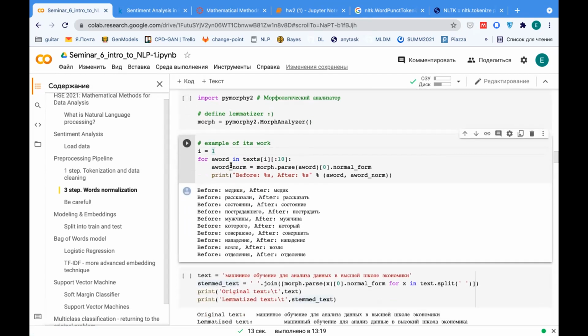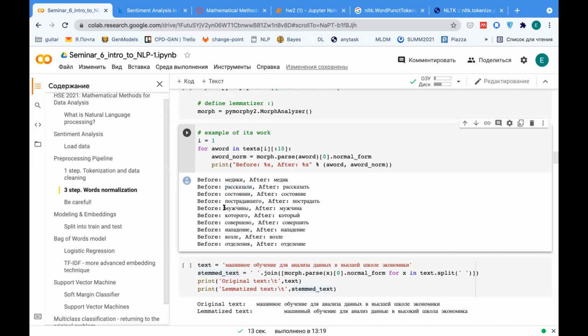And if we look at the words after lemmatization, we can see that they are actually much closer to the words that exist in the language. So we can see, for example, that some verbs after lemmatization are also verbs, but they're in normal form, not, for example, in past tense, like here.